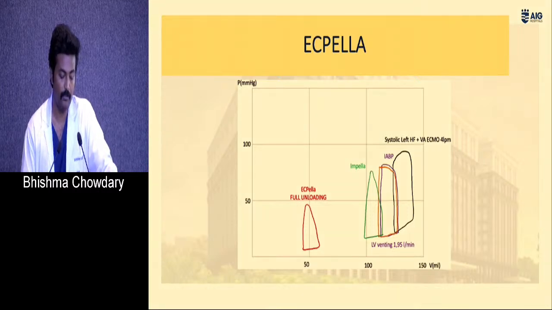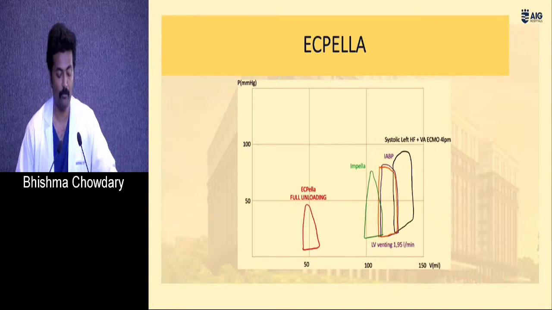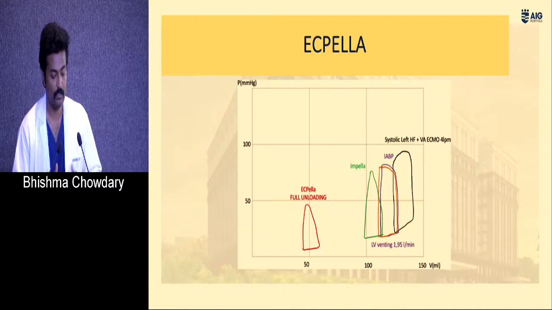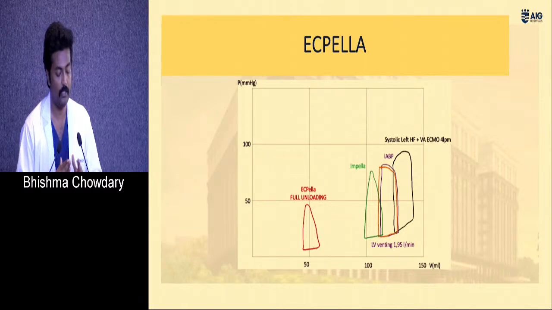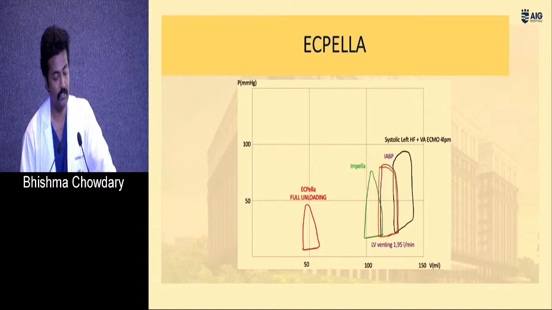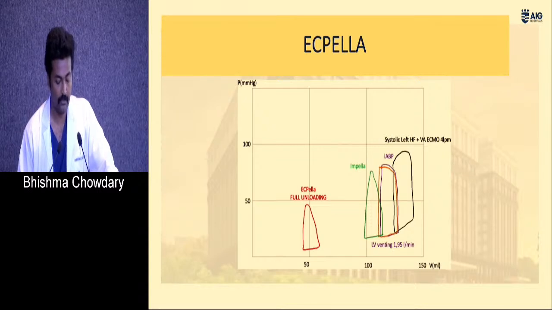Once you put in an Impella along with ECMO, as in ECpella, you can see the PV loop moving much more towards the left and becoming more triangular, because the Impella is a continuous flow. All the isovolumetric phases are gone. It becomes more triangular, decreases the oxygen demand further, decreases the LV dilatation, rests the LV further, and helps in fast recovery.